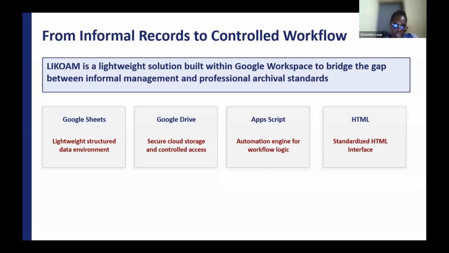It provides instant search and tracking, transforming informal workflow into a controlled environment with accountability. The system is built using 4 main components: Google Sheets, Google Drive, AppScript, and an HTML interface. Let me briefly explain the role of each component.